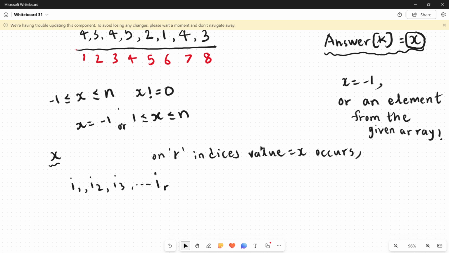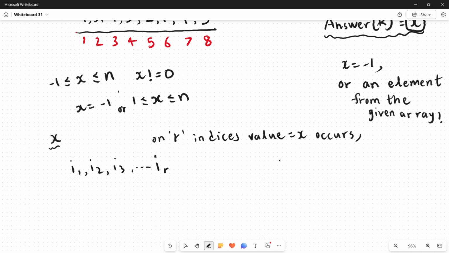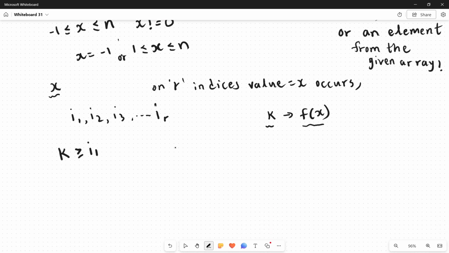So my k can be some function of x. My k should be greater than or equal to i1. Basically, some indices are there, here it is the i1th index, here the i2th index, and so on up to the iRth index, and so on up to n.